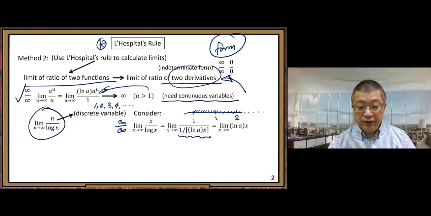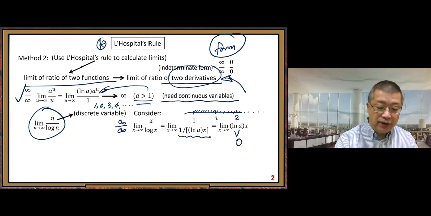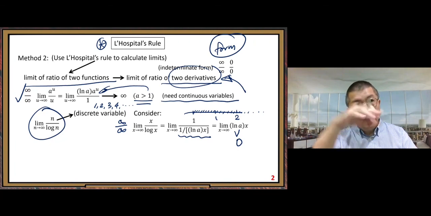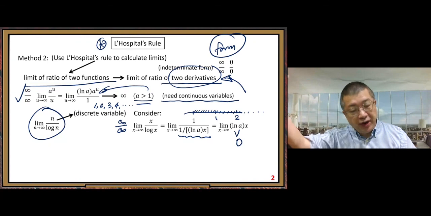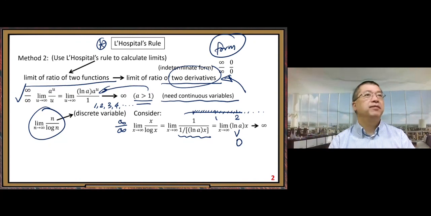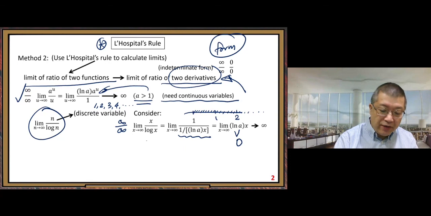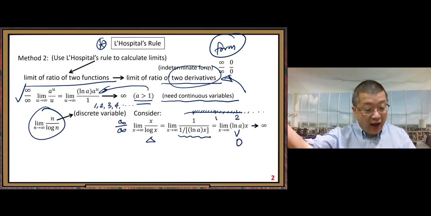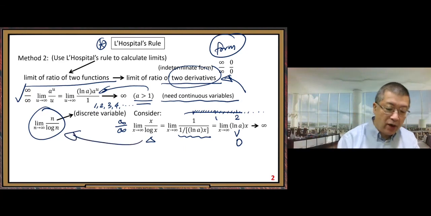Then we do simplification. Because natural log of a is greater than 0, positive, since a is greater than 1, it is a positive number times x. The variable goes to infinity, so it is infinity. After we get this ratio, when x goes to infinity, it is infinity.